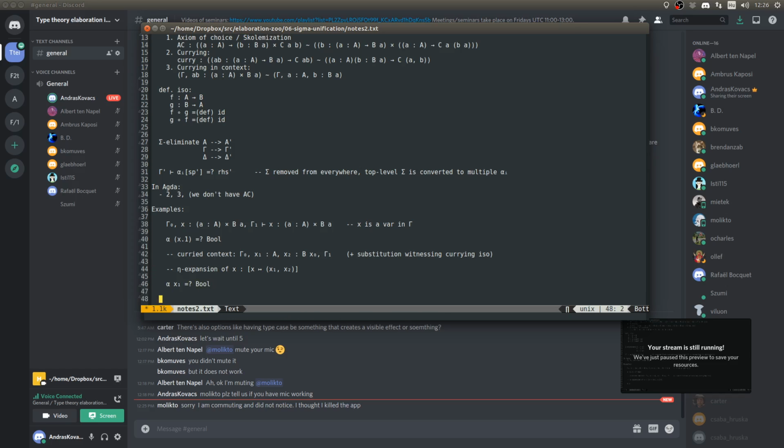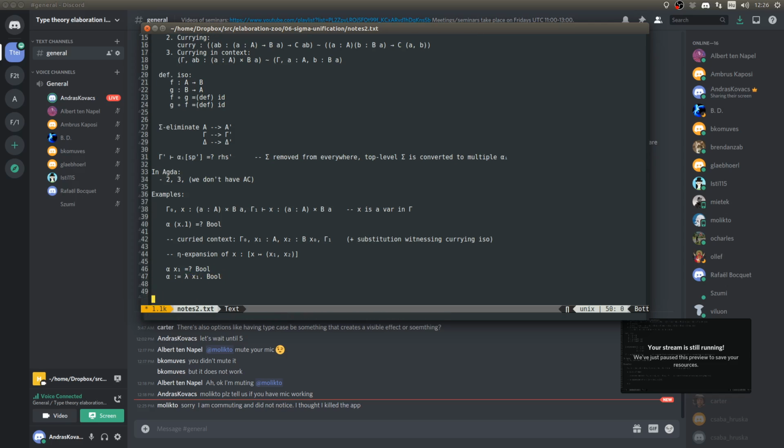And then the usual solution for this is that alpha is solved to be lambda x1 dot bool. And then this is a pattern problem. It was not a pattern problem before, but after we do an eta expansion of a bound variable, we get a pattern problem. And this works in Agda, as I mentioned.